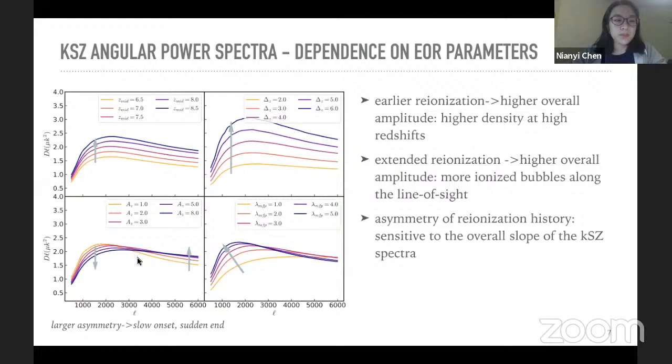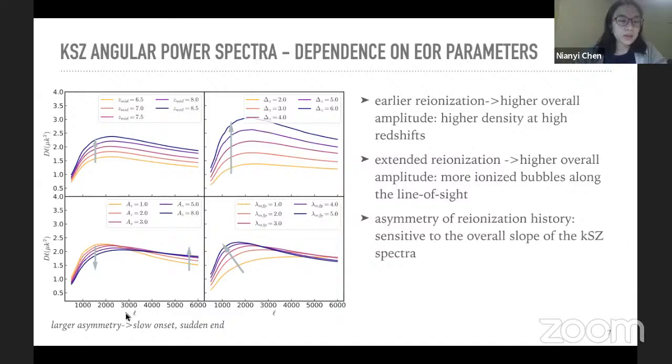So first, we vary the asymmetry parameter in a wide range and see whether the power spectrum is affected by the asymmetry of reionization. What's important for the asymmetry is the overall slope, or the shape, of the angular power spectrum instead of the amplitude at a particular point.